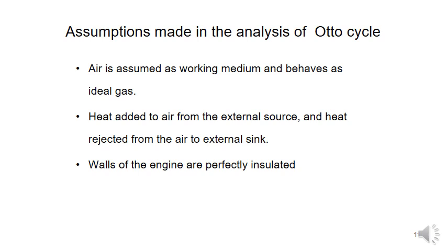There must be no free expansion or compression and no friction during the expansion or the compression, and the walls of the engine are perfectly insulated. The working substance must be at the same temperature as the external hot body during heat absorption, and while heat is rejected also the working substance should be at the same temperature.